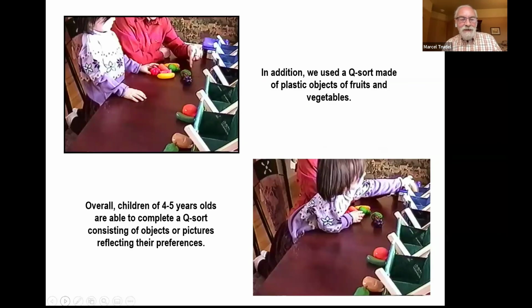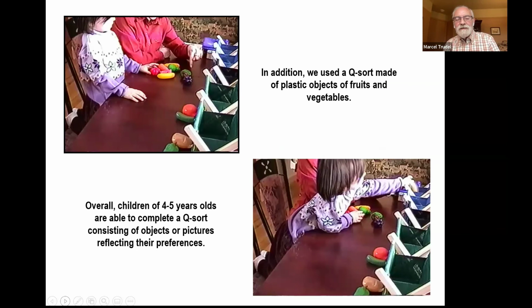Next one, again, we use fruit with the same children. We use fruit and vegetables, and you put in the basket what's his preference. It's quite easy because it's visual. The children are able to do the task, for sure.